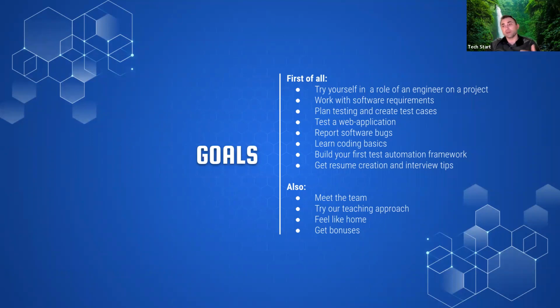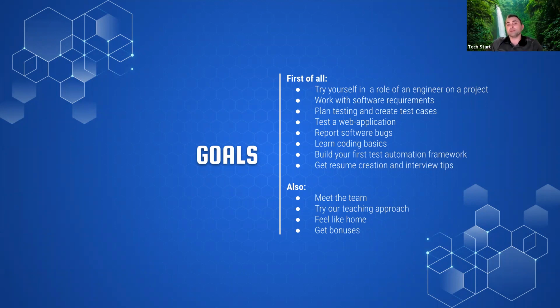When people say, hey, I would like it so that when you open the application, you see the login page, your email field should be here, your password field should be here, your login button should look like this, and so on. All of those documents describing how it works are called requirements. So we will be working with them.